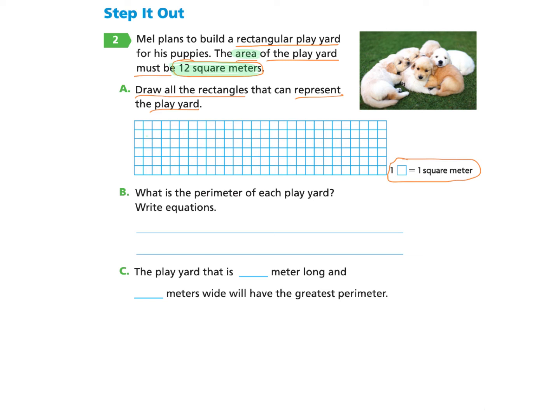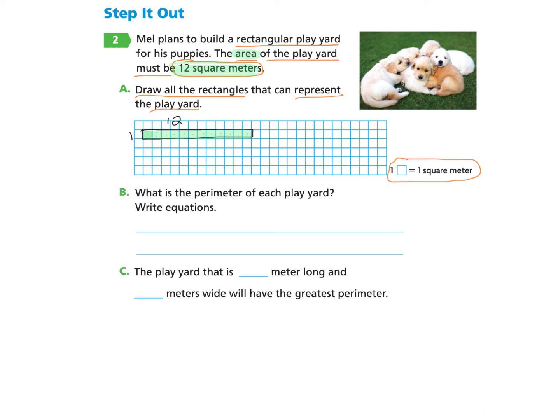And that would be filling in 1 cube, 1 meter, and completing until there were 12 across. And now I have created a rectangle that is 1 by 12 squares, 1 meter and 12 meters across.